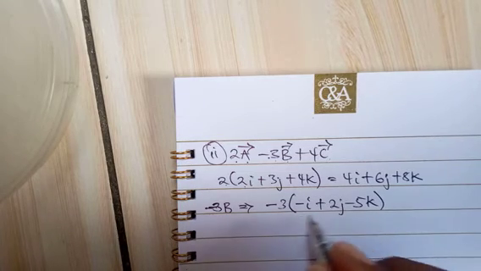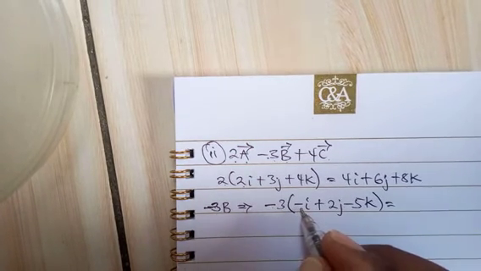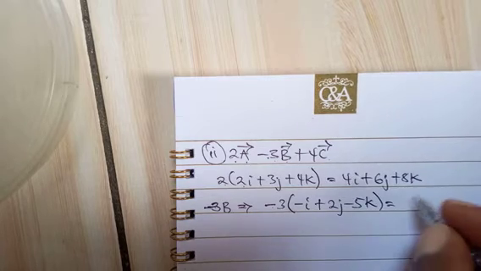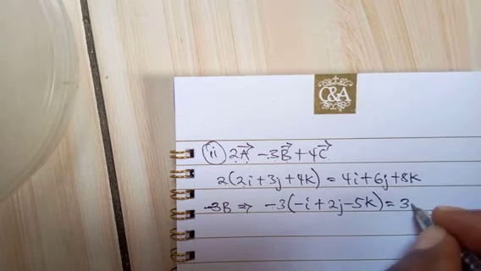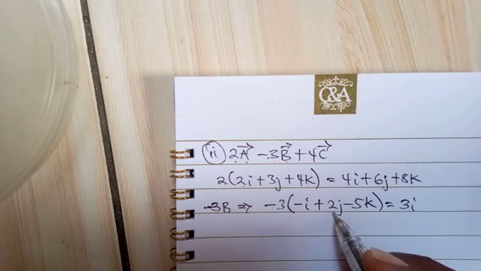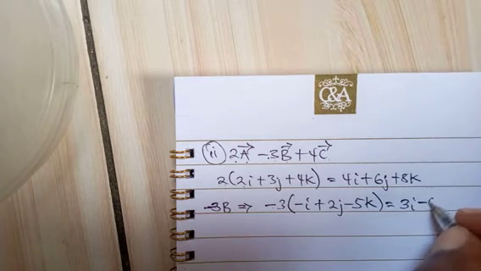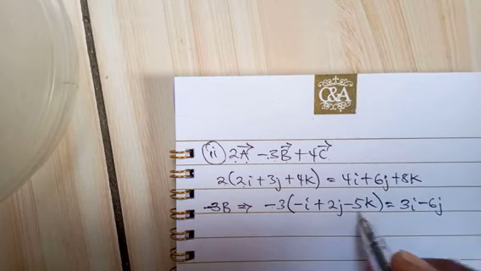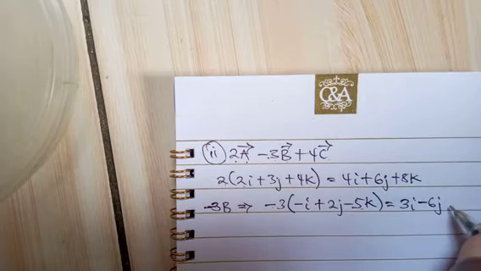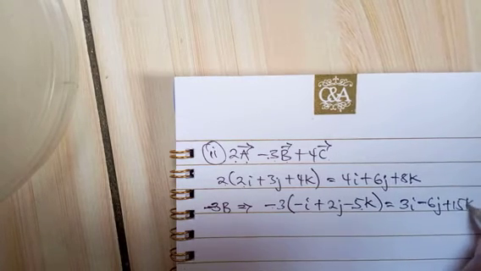Minus 3 times B, if we have that our B is minus i plus 2j minus 5k. So having this, we open it up. Minus 3 times minus 1 is going to give you plus 3i. Minus 3 times 2 is going to give you minus 6j. Minus 3 times minus 5 is going to give you plus 15k.